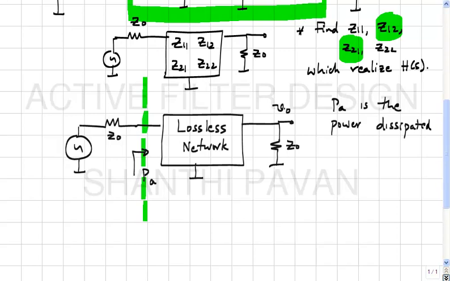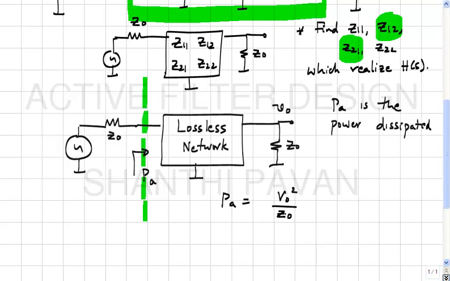So, if we know that a total amount of power PA is being dissipated towards the right of the green dotted line, then it must follow that since there is only one lossy element towards the right, all that power must be dissipated in the resistor and not in the LC ladder. Correct? Therefore, PA is nothing but Vo square by Z naught.